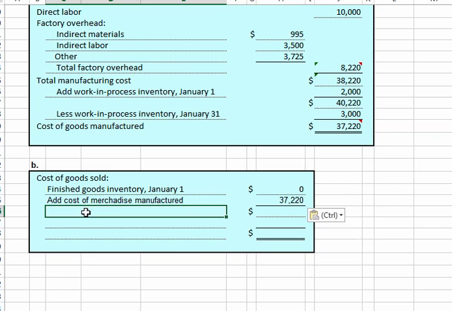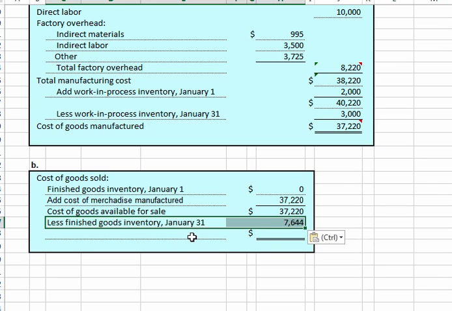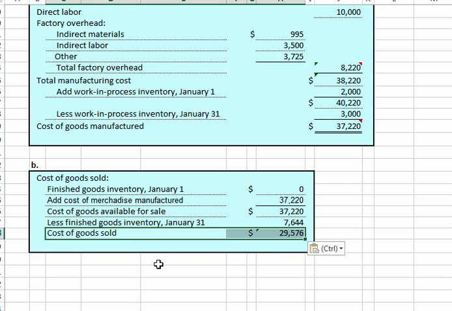When we add those together, we get cost of goods available for sale of 37,220. Then we deduct out finished goods inventory at the end of the month. You can find these numbers in your problem, except for the cost of merchandise manufactured, which comes from up here. That difference, that ending amount, is just your cost of goods sold. And that amounts to $29,576.